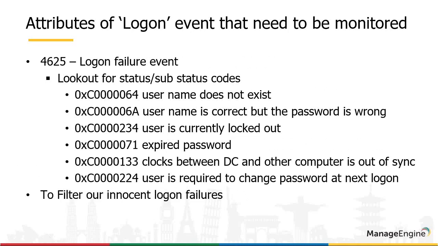There are different ways a failure can happen, whether for authentication or for the logon event, it doesn't matter. And if it was a logon failure, these are all the status codes that we can find in the logon failure event 4625 that are going to help us.